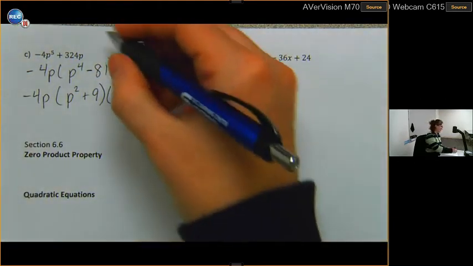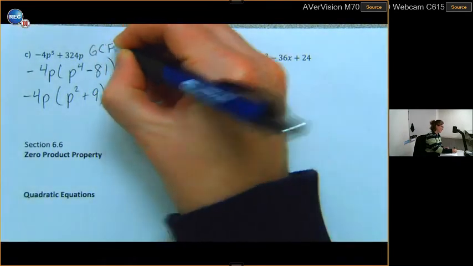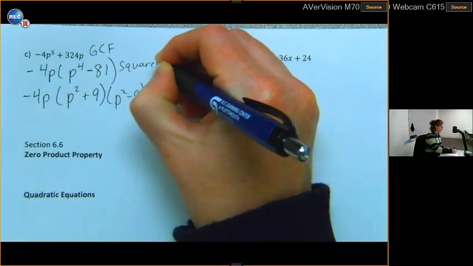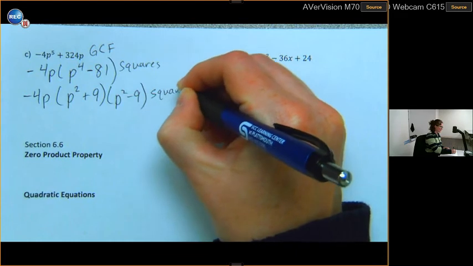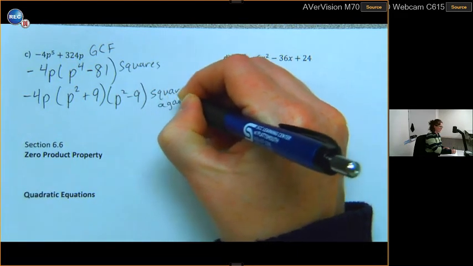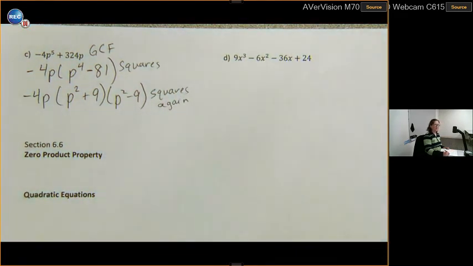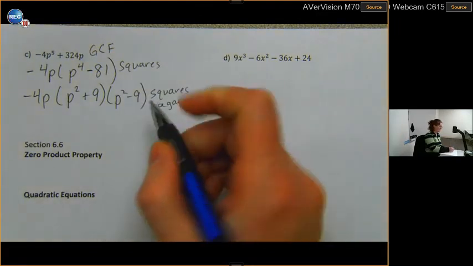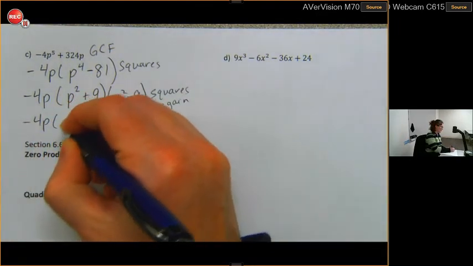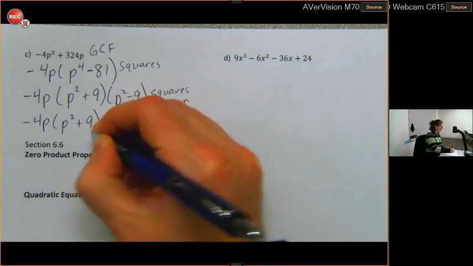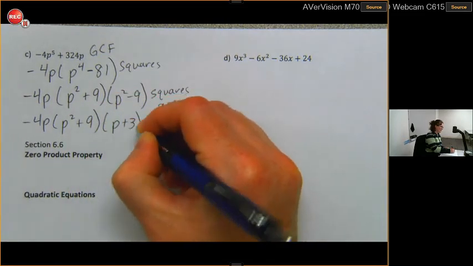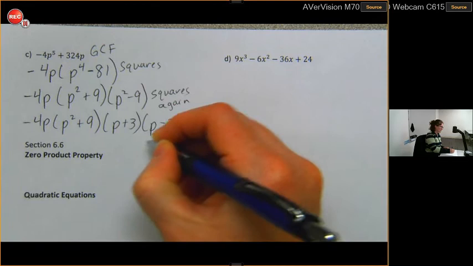I have a squares pattern again. So GCF, squares pattern, squares again. Remember, the squares is only with the difference. It's only with subtraction. So the one that's adding doesn't factor anymore, but the one that's subtracting does.